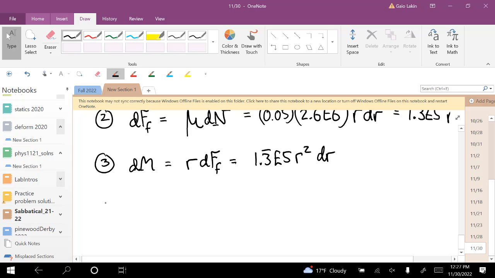And then the last thing we have to do is integrate.